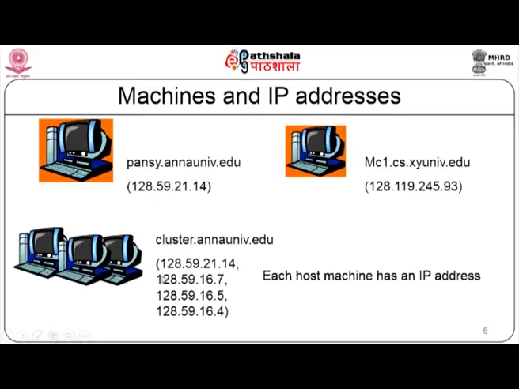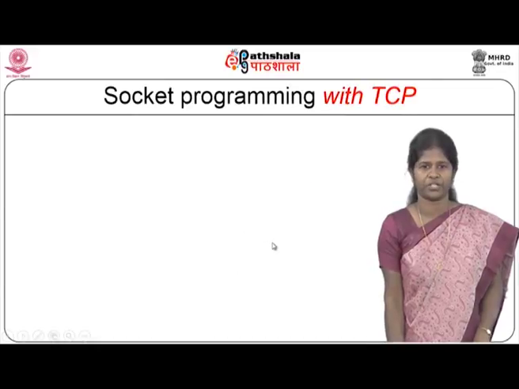And very similarly there is another cluster of machines which again has a number of machines which have their own IP addresses. So, here we see that each machine has a corresponding IP address. So, each machine is understood or recognized worldwide using this IP address.